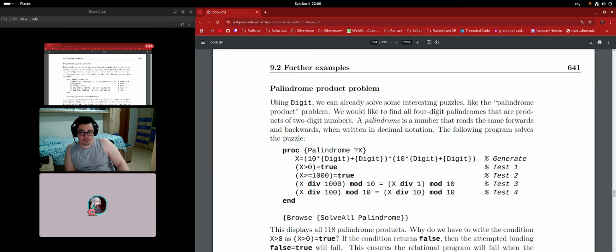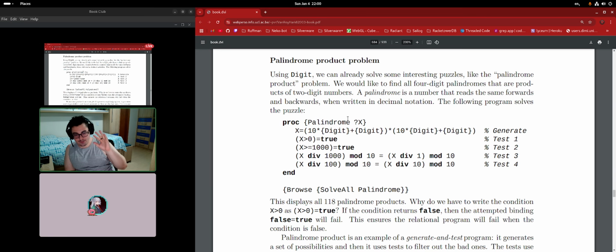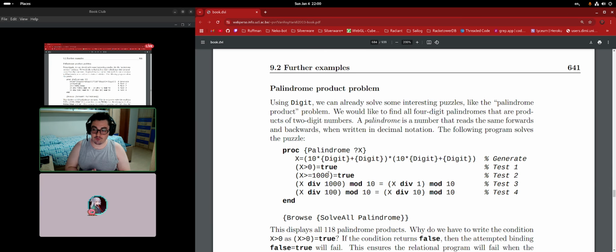I see. Palindrome product problem, very classic as well. And okay, so here's the tip. If there's anybody watching this and you are not understanding what is going on, my tip is, instead of trying to write a series of transformations in a functional way, or in an imperative way, because at the end of the day, imperative also implements a series of transformations, you need to think of what must be true in order for your problem to be solved.